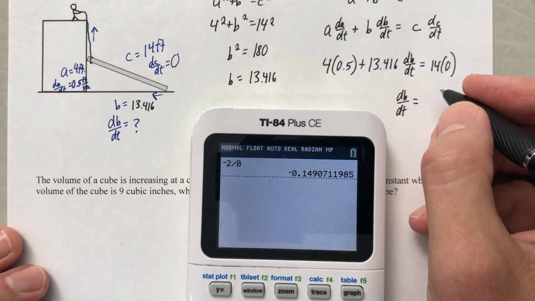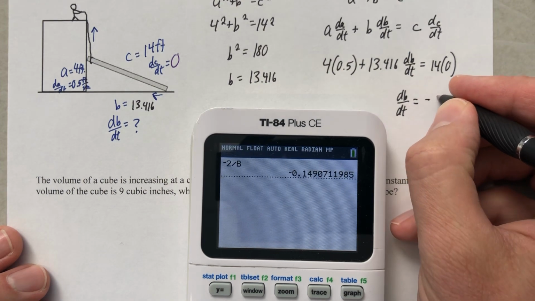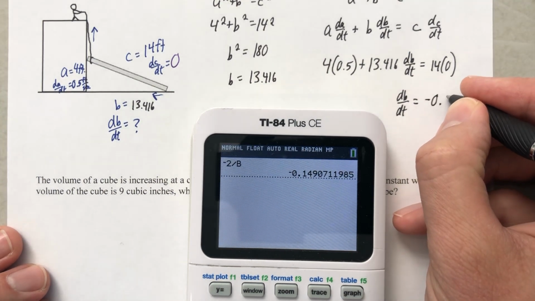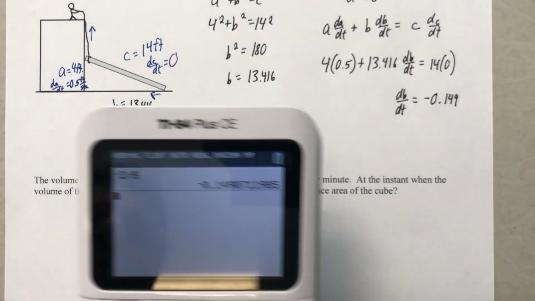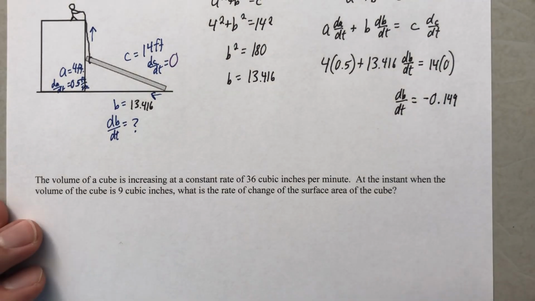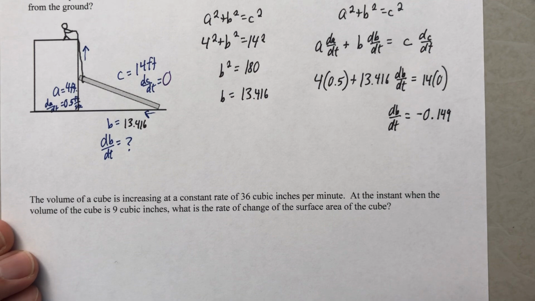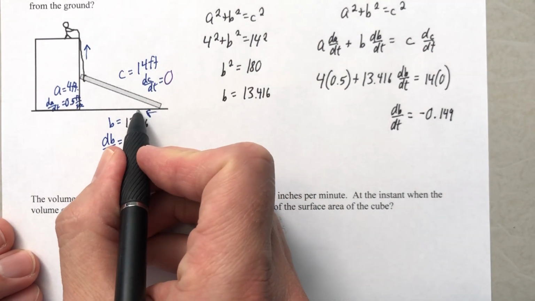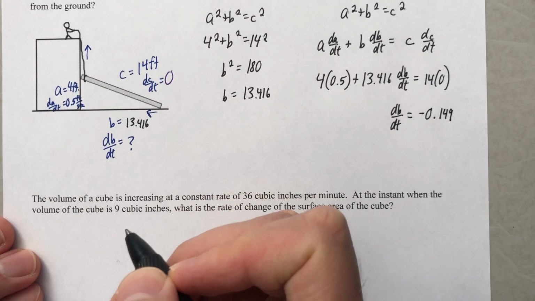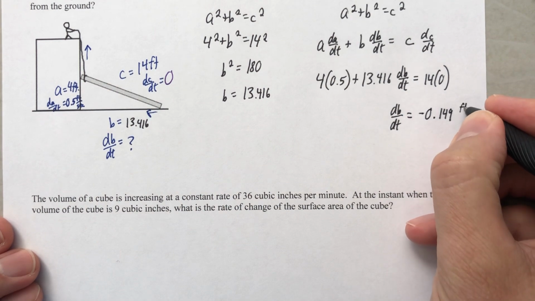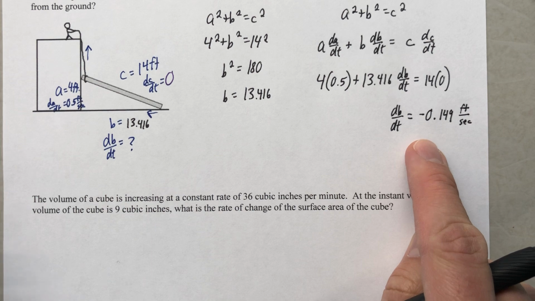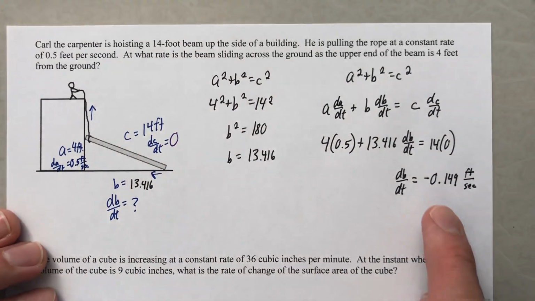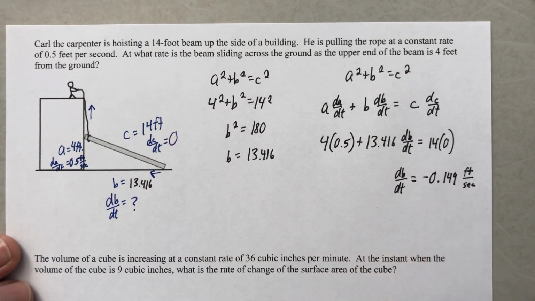And so we are going to have negative 0.149. Okay, 0.149 what? We're dealing with the rate at which this is sliding across the ground, and that is feet per second. And we're going to really keep it negative because I said at what rate, and that's the rate. That is truly the rate, negative and everything.